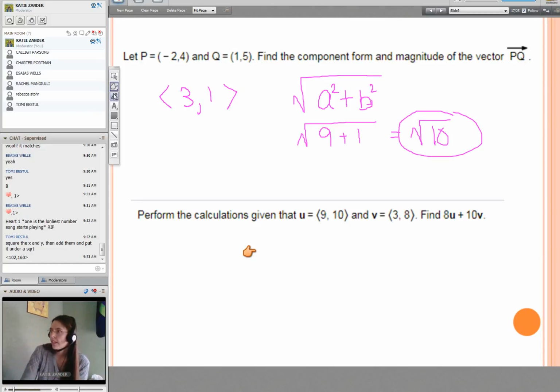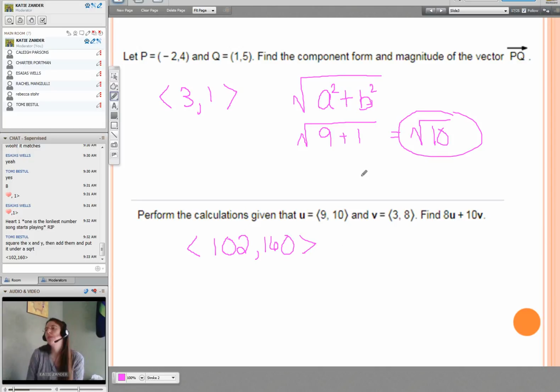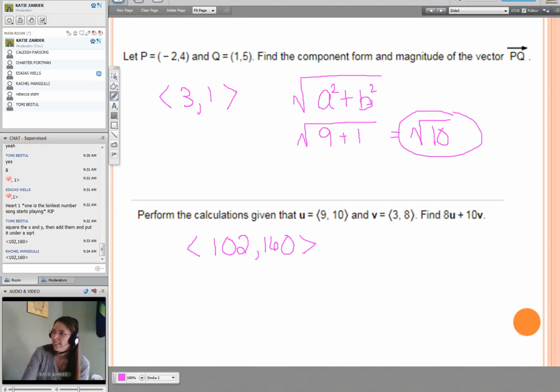We got one answer out there. I'll throw that up on the board, a 102 and a 160. We'll wait for a couple other people to confirm or deny, I guess, technically, if they have a different answer. Oh, I see some typing.